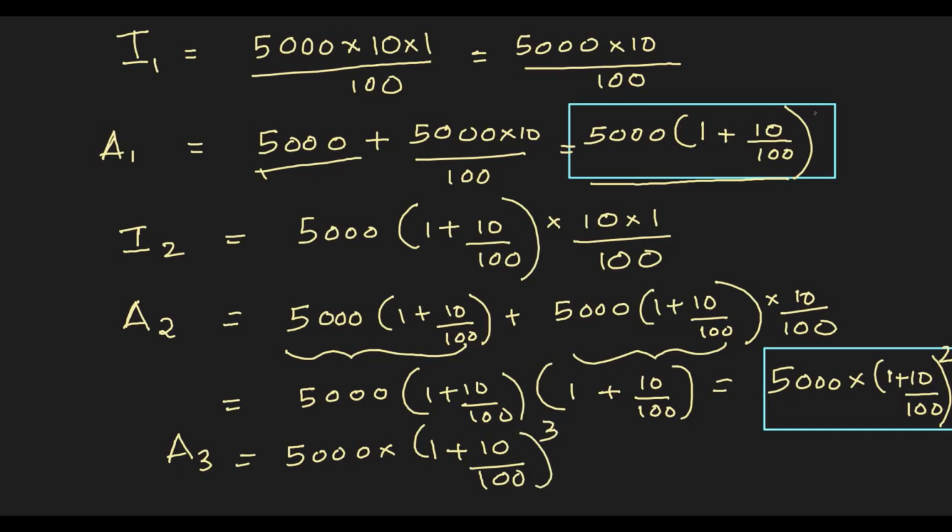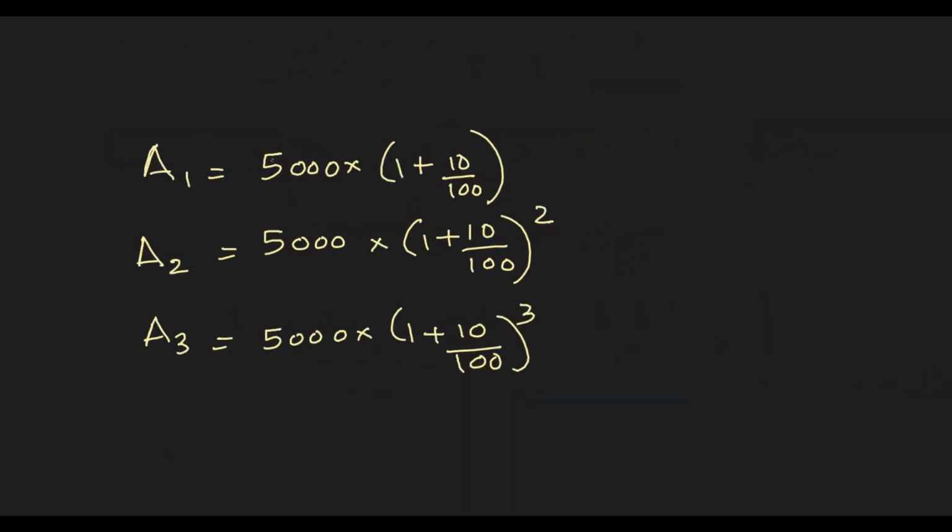So for the first year it is 5,000 into 1 plus 10 by 100 raised to 1, second year 5,000 into 1 plus 10 by 100 whole square, and third year 5,000 into 1 plus 10 by 100 whole cube. That is, A1 you can write as 5,000 into 1 plus 10 by 100, A2 is 5,000 into 1 plus 10 by 100 whole square, and A3 is 5,000 into 1 plus 10 by 100 whole cube.